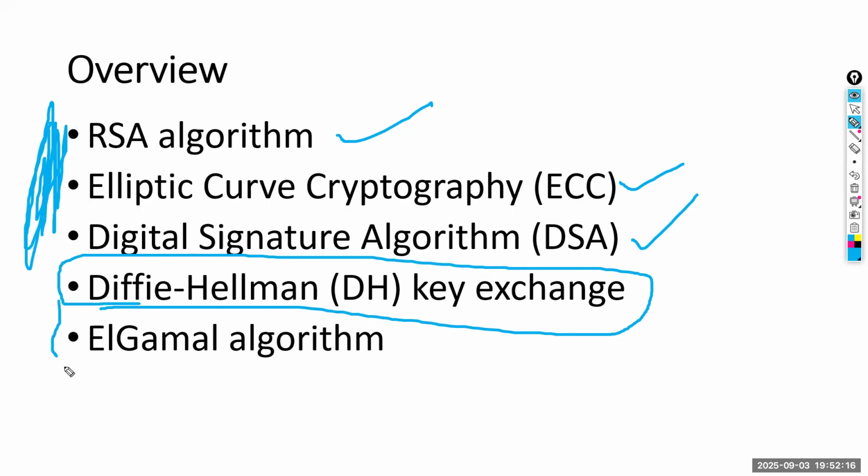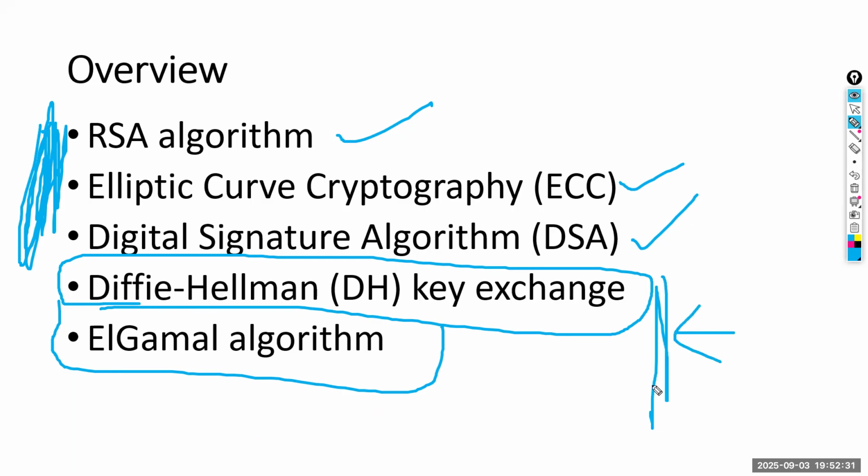These are related to key exchange protocols. So don't think that these are public key cryptographic algorithms. These three are public key cryptographic algorithms. This one we are going to look at in our next topic, key exchange, because it is a key exchange algorithm.